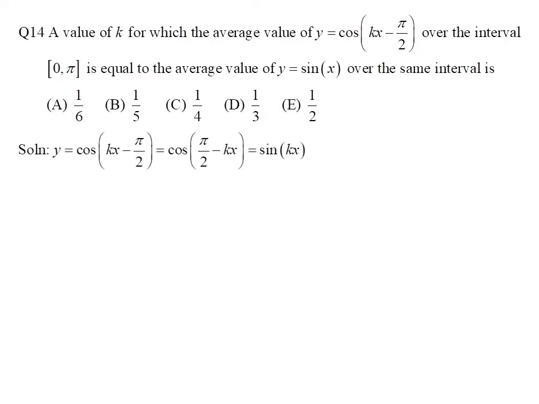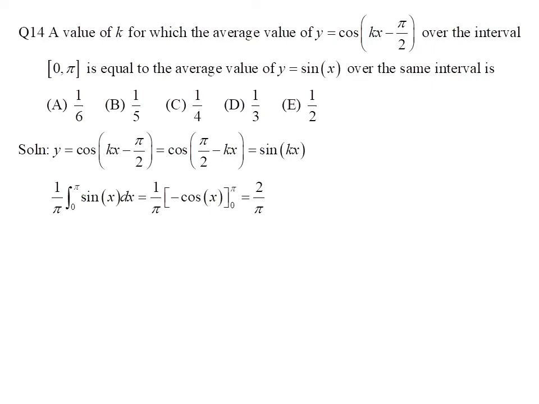We start by simplifying the function y equals cosine of (kx minus pi over 2). Since the cosine function is an even function, cosine of (kx minus pi over 2) can be written as cosine of (pi over 2 minus kx), which equals sine kx.